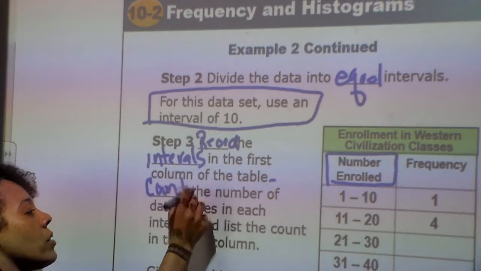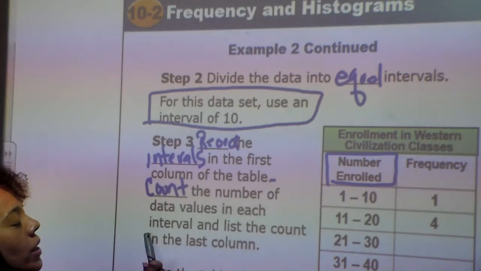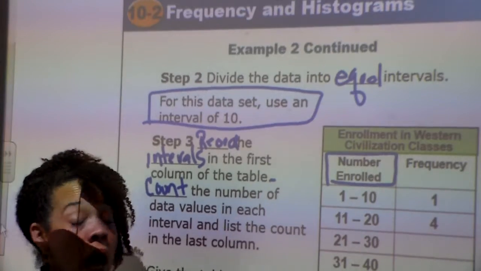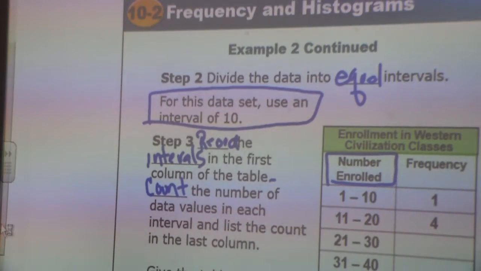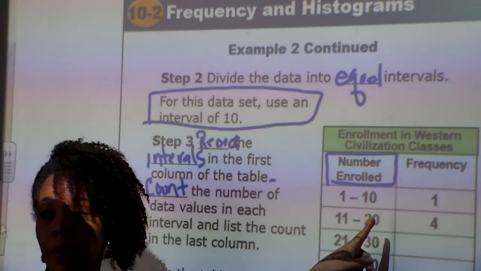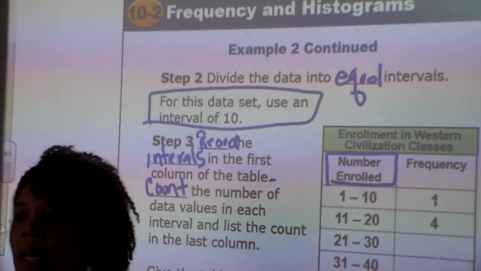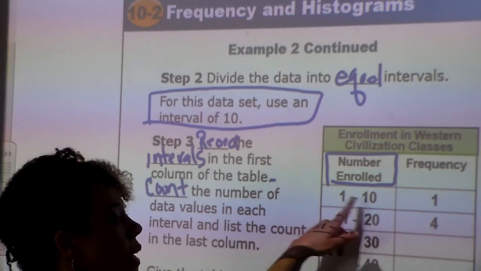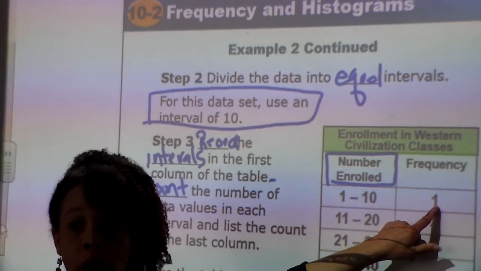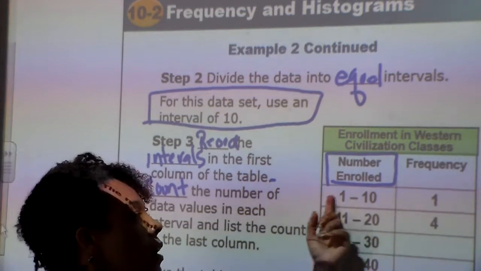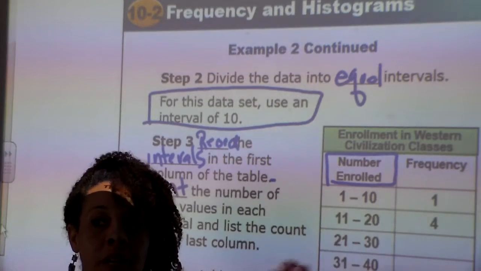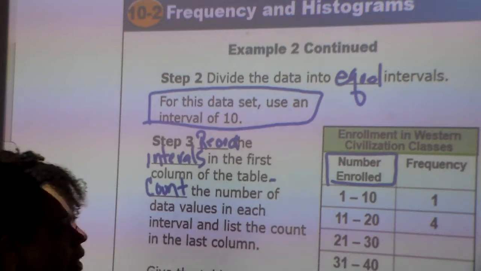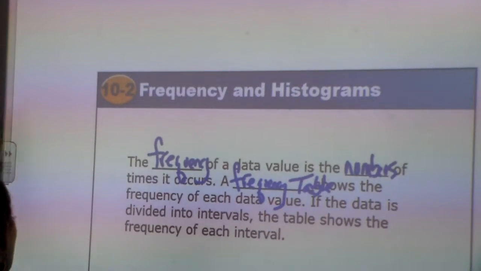You're going to count the number of data values in each interval. So from 1 to 10, you count how many numbers fall between 1 and 10. Well, remember we had that number 9? That was the only number that fell between 1 and 10, so we write 1. There was only one number that fell within this interval. So go back to your data set and look through the numbers 11 through 20.